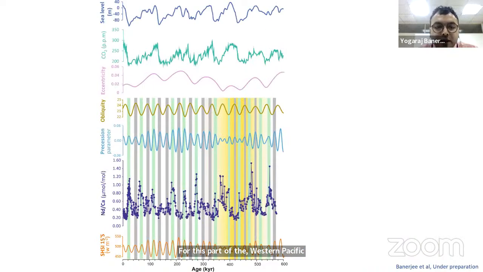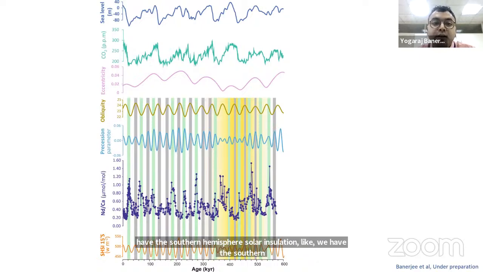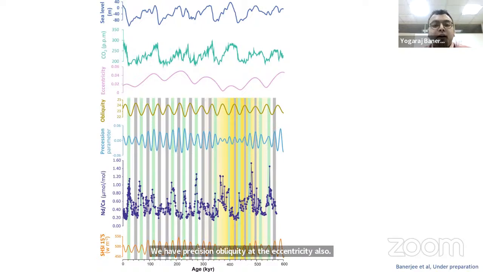And now this is a composite result where I have put all the parameters: we have the Southern Hemisphere solar insolation, neodymium by calcium ratios, we have precession, obliquity, we have the eccentricity also, and I have put the sea level changes and the CO2.